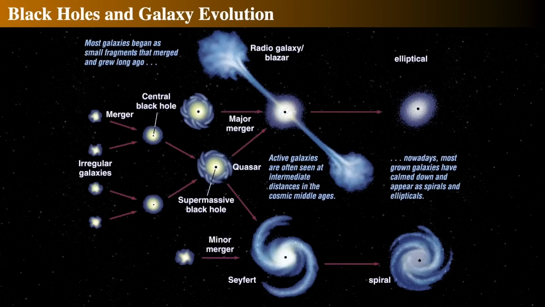Now when you have two large such galaxies colliding, you then have an enormous amount of material that forms them, and that can create a radio galaxy or a blazar or a quasar across the top. But if we're looking straight down the top, there's a huge amount of material. That active galactic nucleus then can be a radio galaxy, a blazar, or a quasar, and then eventually that settles down, using up all the gas and dust and material, and it blows everything out, and it eventually settles into becoming an elliptical galaxy.